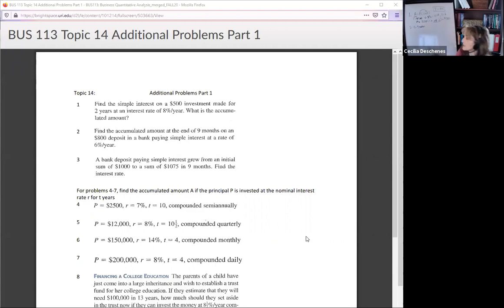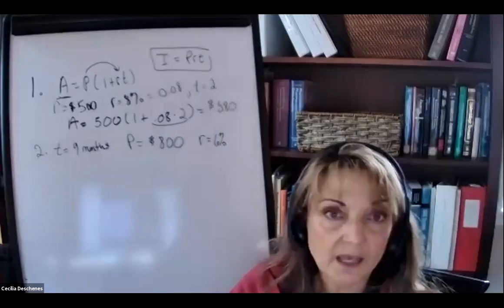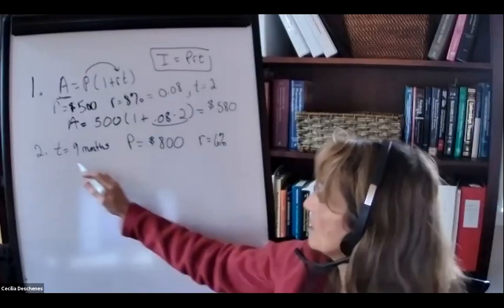So it's asking to find A. So we know we need to find A on an $800 deposit. So we have an $800 principal in a bank paying simple interest. So we're going to use a simple interest formula at a rate of 6% a year. Okay. So all I did was read that problem and write down each of the things.